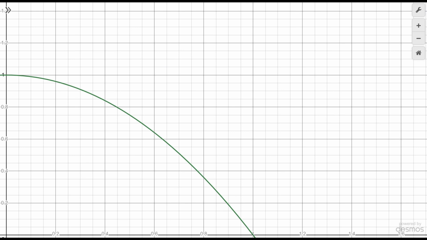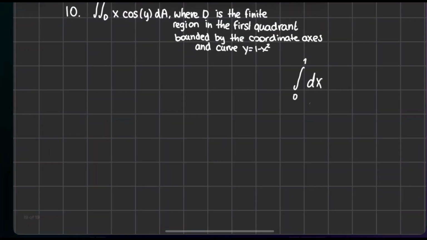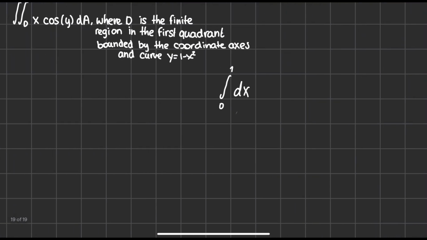So our lower bound is y equals 0, and our upper bound is just this graph, right? Because we go from the bottom all the way up. So our boundaries for dy are 0 to 1 minus x squared.